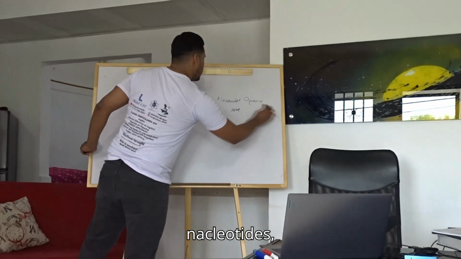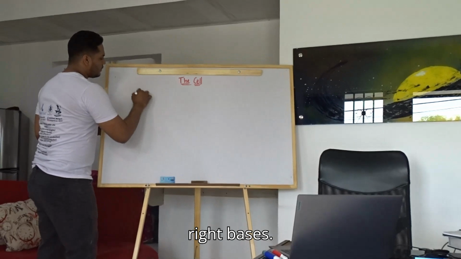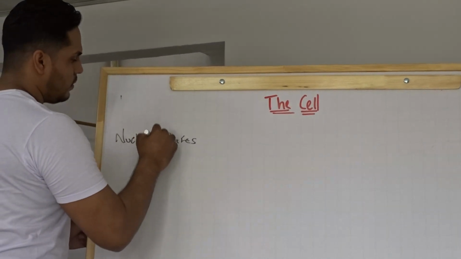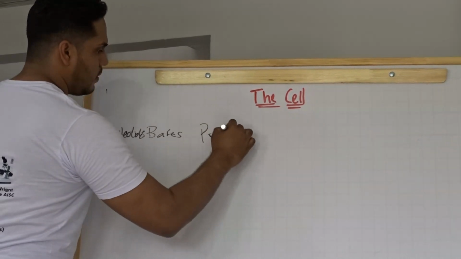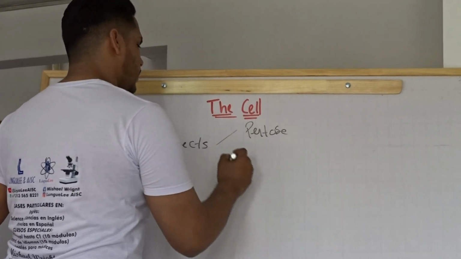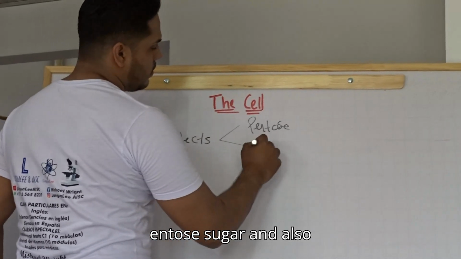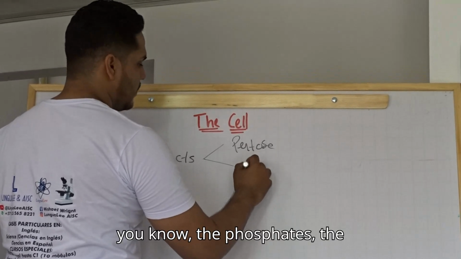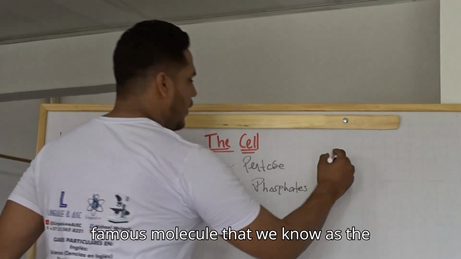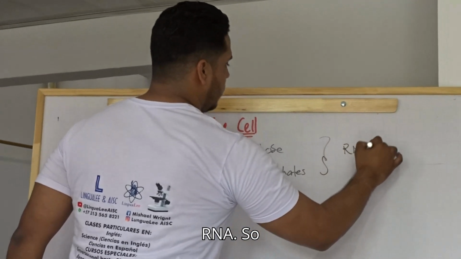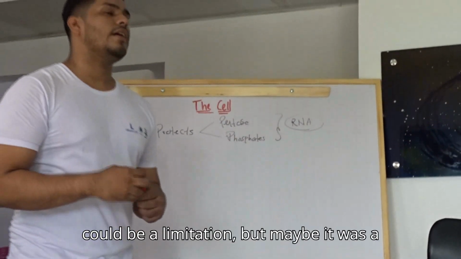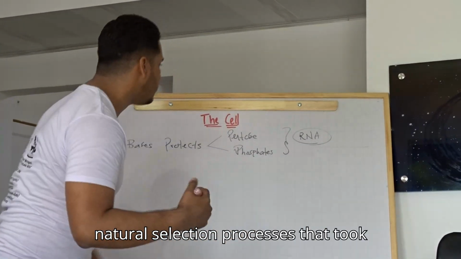The base protects the pentose sugar and also the phosphate groups present in the famous molecule we know as RNA. In a certain way, ultraviolet radiation could have been a limitation, but maybe it was a natural selection process that took place.